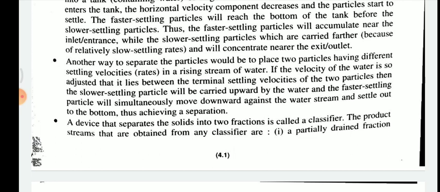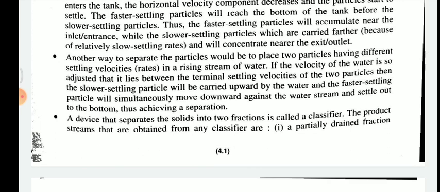Those particles whose settling velocity is higher go to the bottom of the vessel and are taken out by the outlet valve. Those whose settling velocity is low settle after the faster particles.